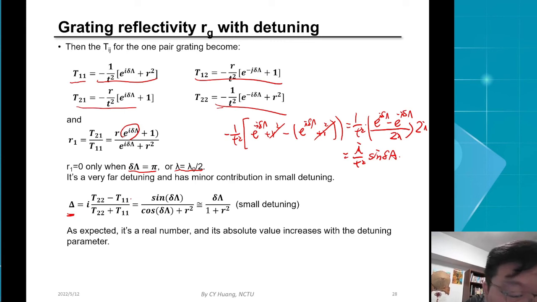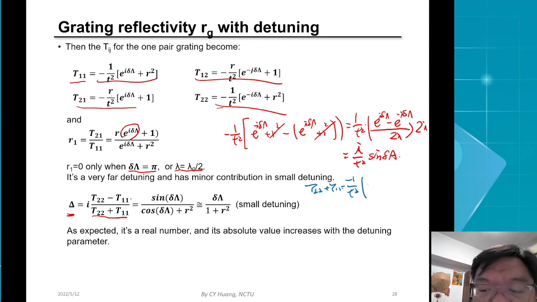For T22 plus T11, it is minus 1 over t squared with a common r squared twice, plus exponential i delta lambda plus exponential minus i delta lambda.